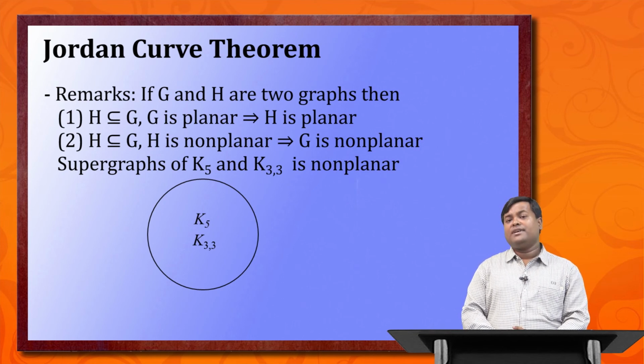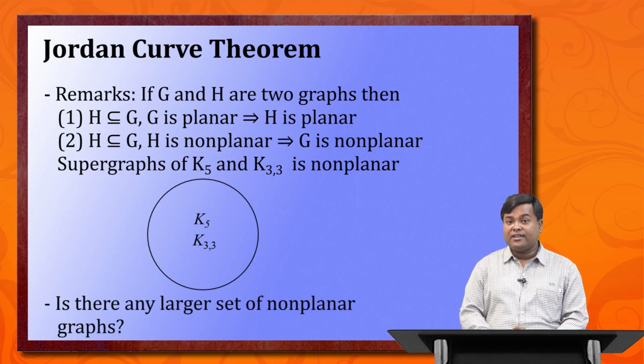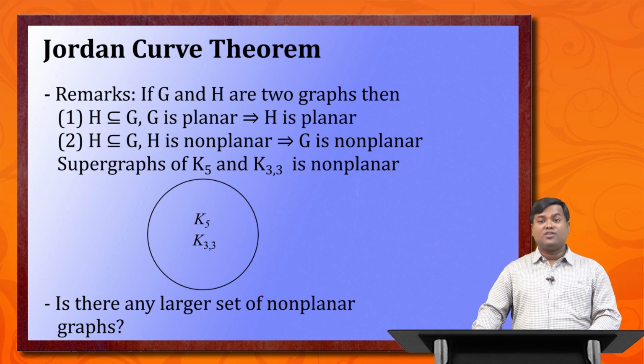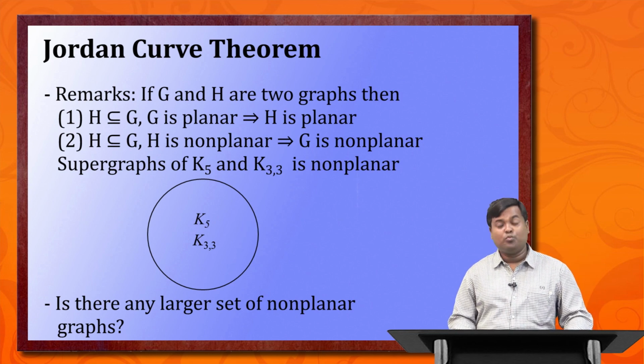All the elements inside this Venn diagram are supergraphs of K5 and K33, and since K5 and K33 are non-planar, we have proven that this entire set is also non-planar. Now the question is, is there any larger set of non-planar graphs? Are there any other graphs which are non-planar even if they are not supergraphs of K5 and K33? That is the question, and we need to answer it in the remaining slides.